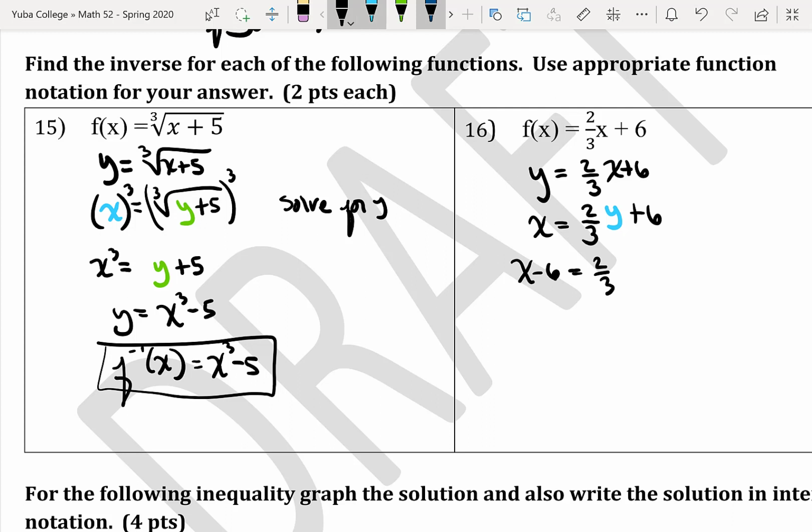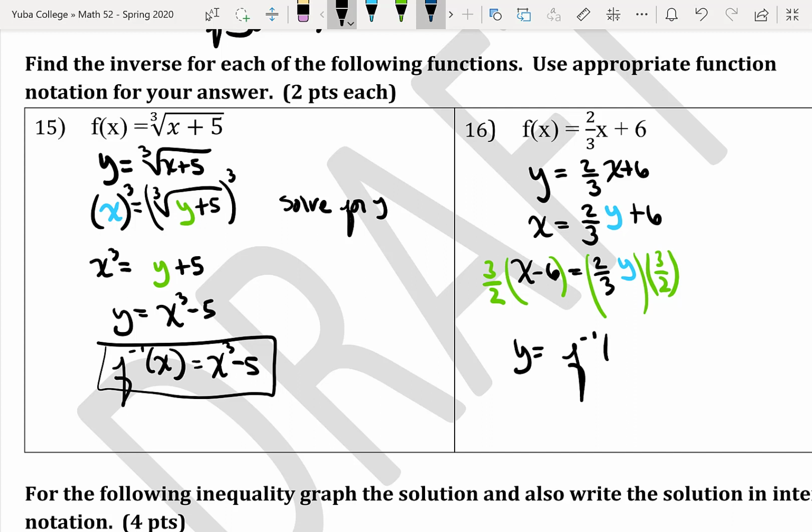So the reciprocal would be 3/2. So we get y, which is the same thing as f inverse of x, is equal to 3/2 all times the quantity x minus 6. If you want, you can distribute the 3/2 or leave it like that.